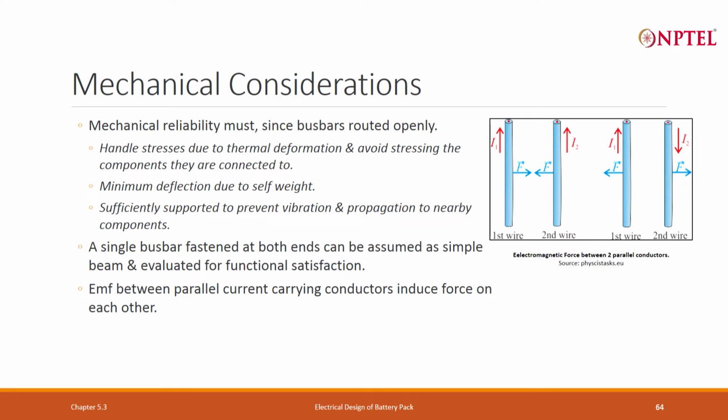So, during the running of the vehicle, it should not break. That stress also it has to take care of at elevated temperature, at your design temperature, that is important. A single bus bar fastened at both ends can be assumed as a simple beam, and you can evaluate all the mechanical considerations by applying the beam formula.